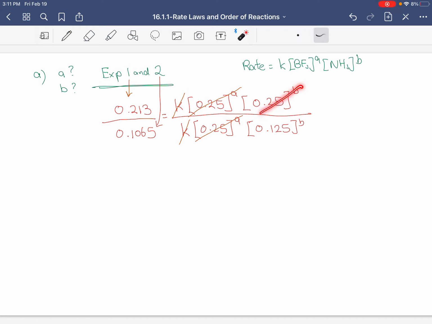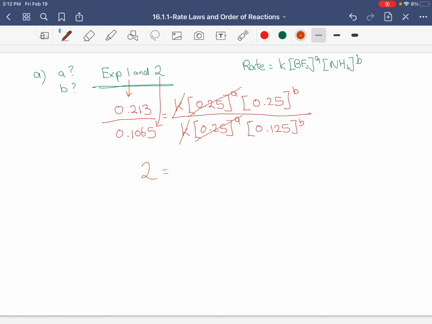Can't cross these two out, because these are not the same number. To the power of B, it's going to be different. This, we can start dividing. So 0.213 divided by 0.1065 is equal to 2.